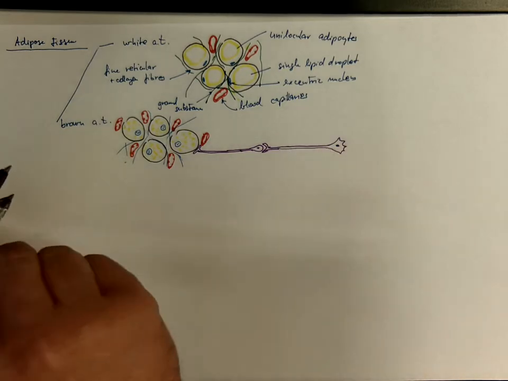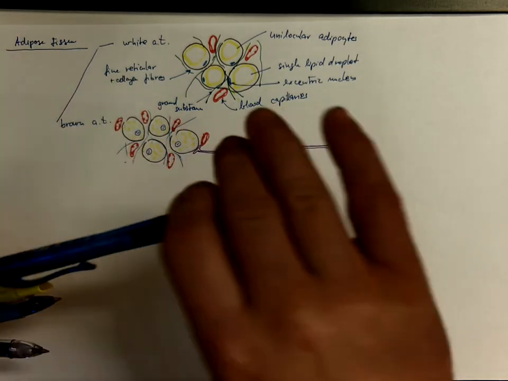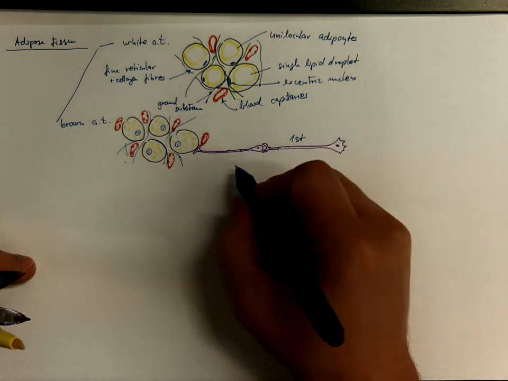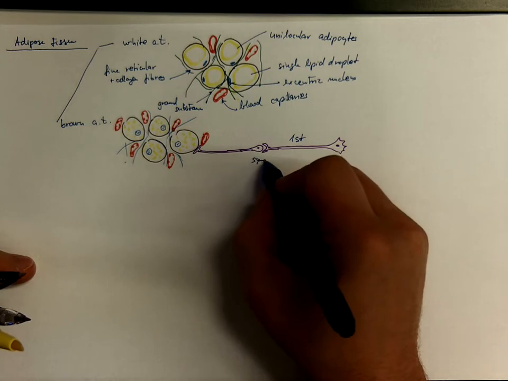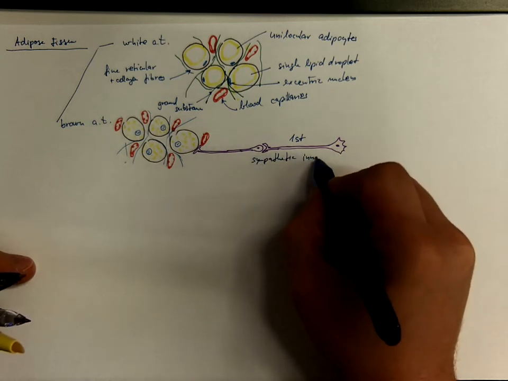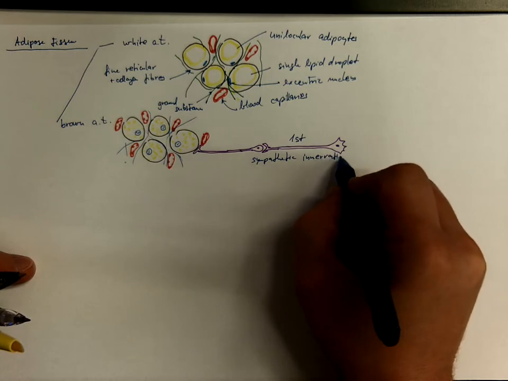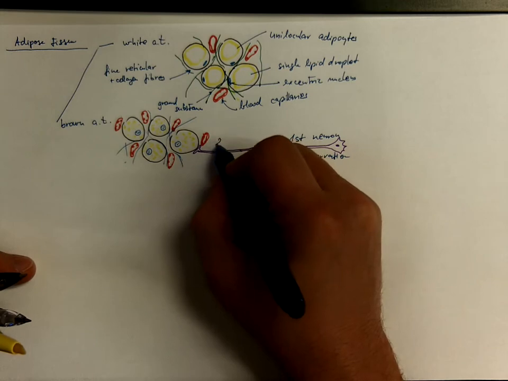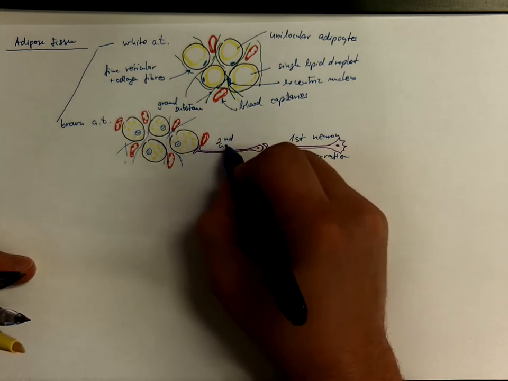So if this would be the first neuron of the sympathetic pathway, sympathetic innervation is the first neuron, and this will be the second neuron.